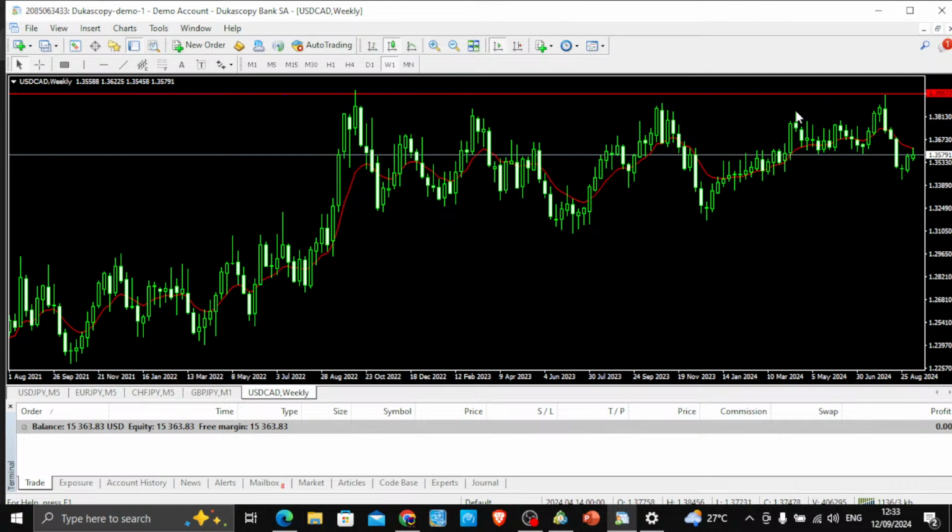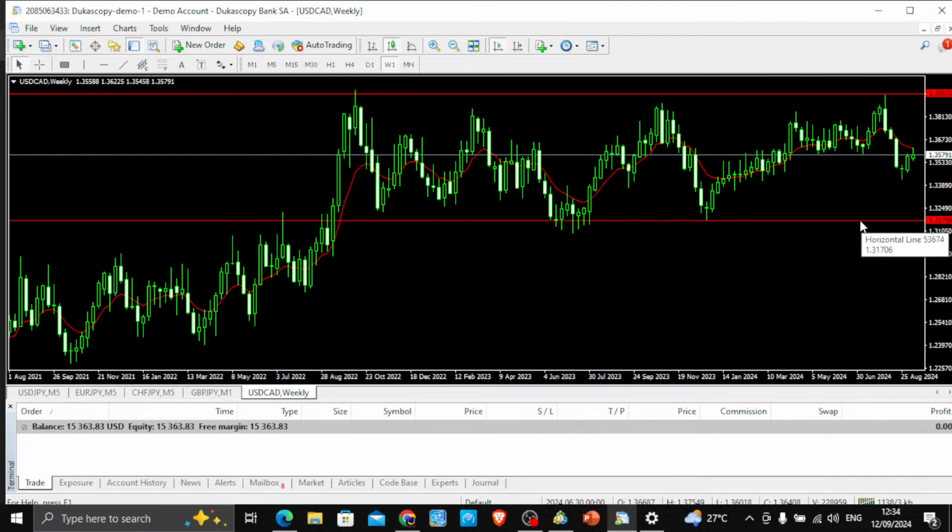Now look at the swing low on weekly. This is the swing low. Based on the weekly chart, until it takes out this weekly low, we know it is not bearish.